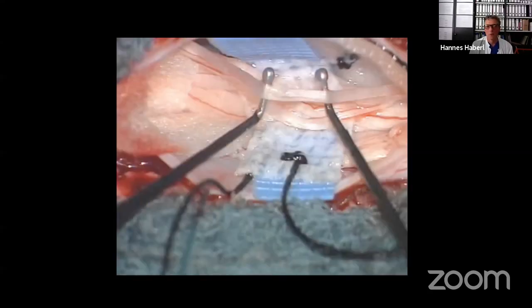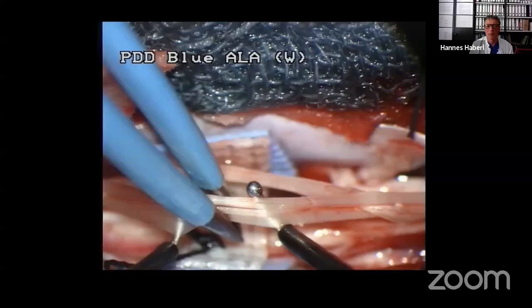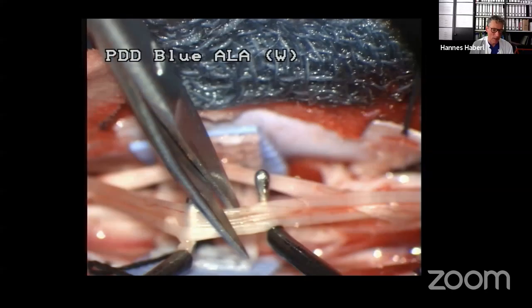We do the monitoring, we discuss the results, and then we coagulate and cut 60 to 70% of the rootlets. This is very important. We always cut 70%, otherwise the effect for the motor function will be less.